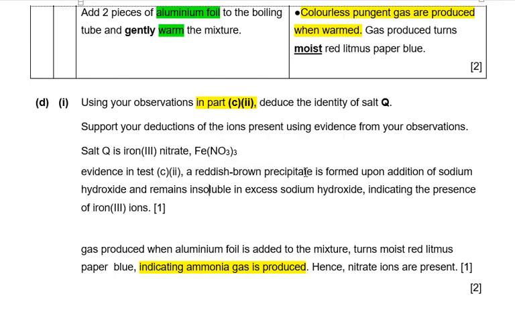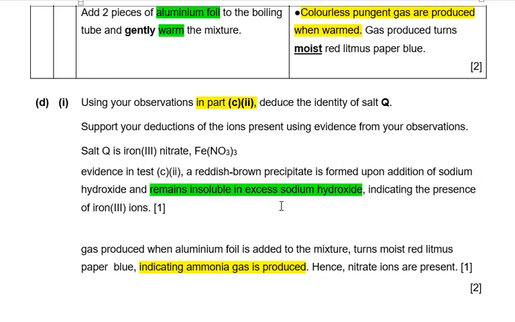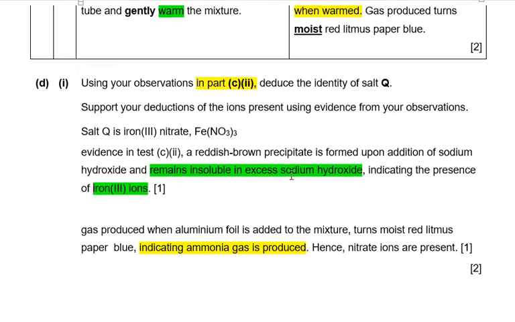A reddish brown precipitate is formed upon adding of sodium hydroxide and remains insoluble in excess aqueous sodium hydroxide. Please remember to write this in. If not, I will not award you the 1 mark. This indicates the presence of your iron 3 ion. Okay, not iron 2, it's iron 3 because this is your reddish brown precipitate.